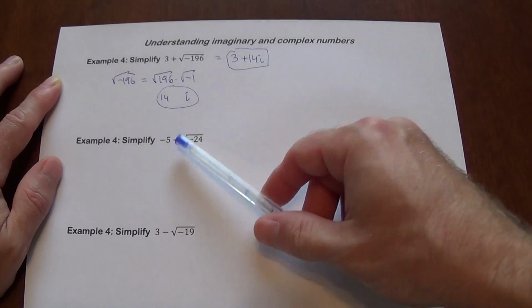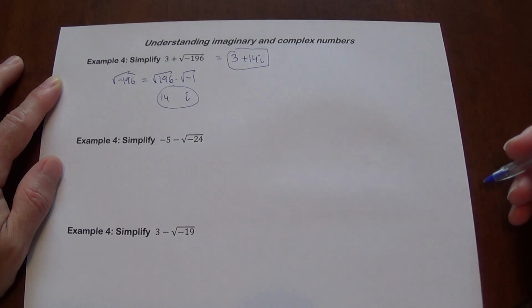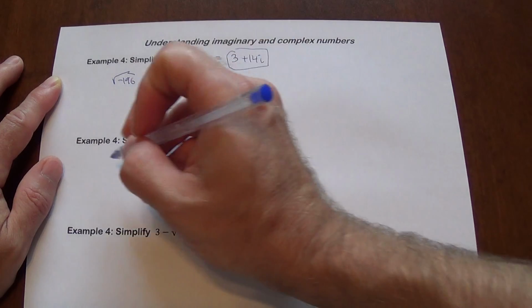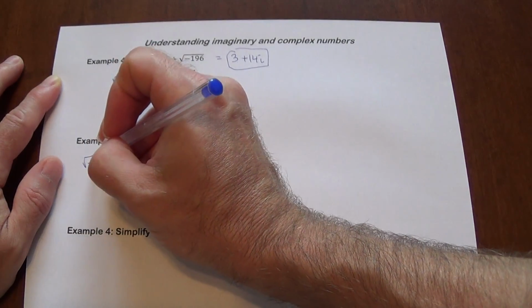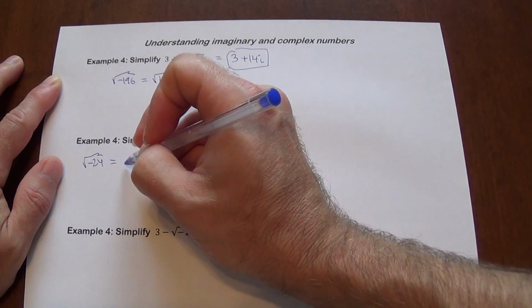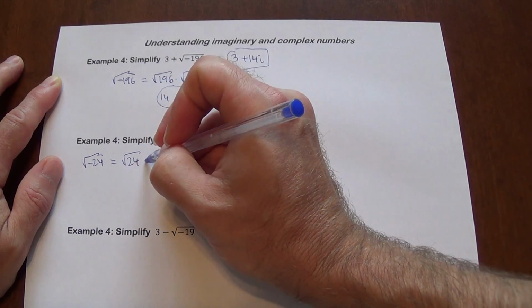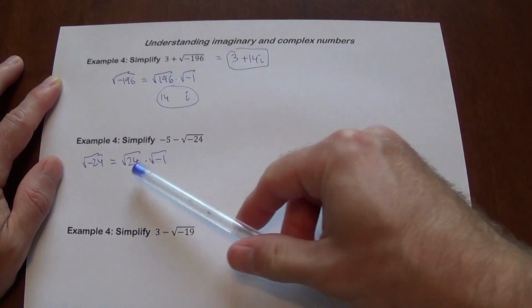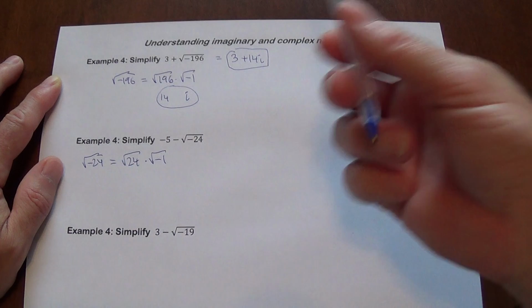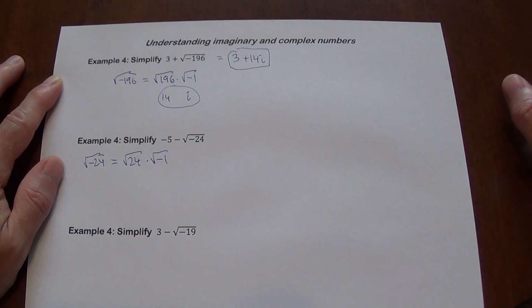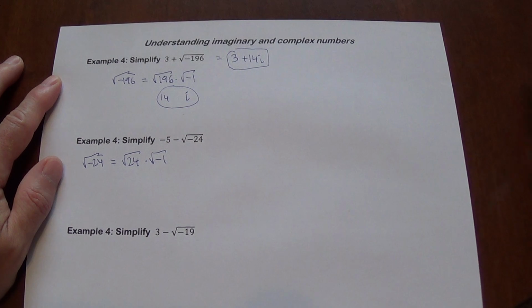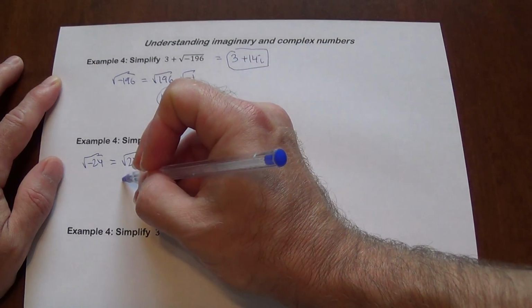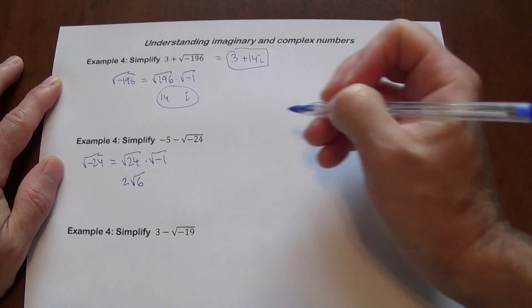Simplify -5 minus the square root of -24. Okay, so let's deal with the square root of negative 24 first. As a matter of fact, you don't even have to write this out. Every time you see the square root of a negative number, you should just write i there and get rid of the negative. But 24 is not a perfect square, although I can simplify it as 2 square root of 6.